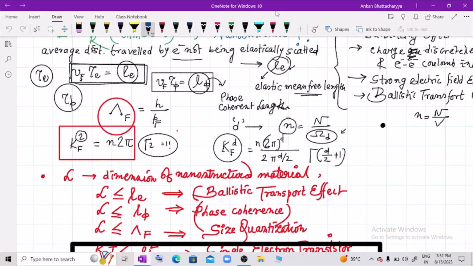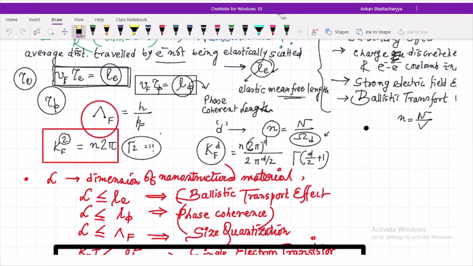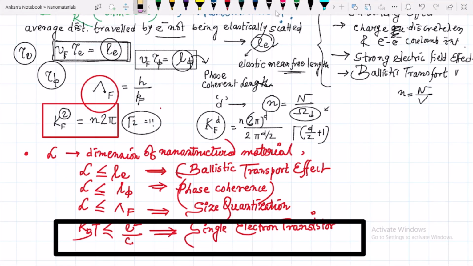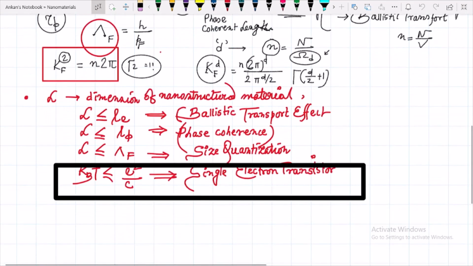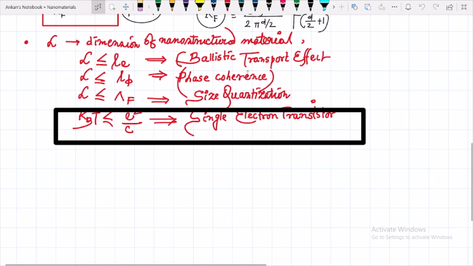So let us get back to the discussion where we left off. The single electron transistor we will discuss later.